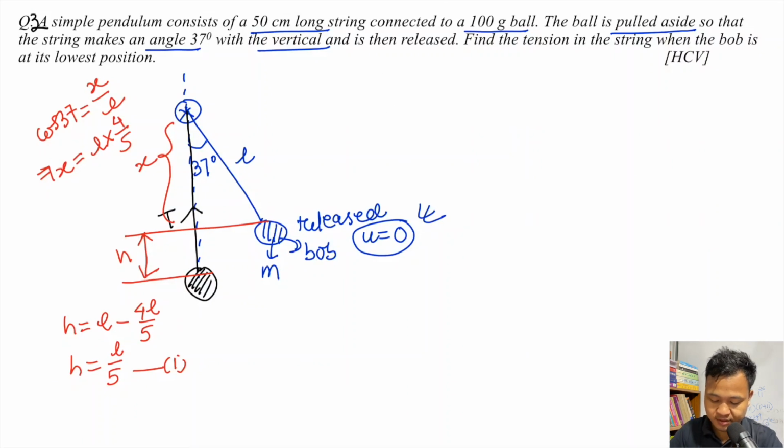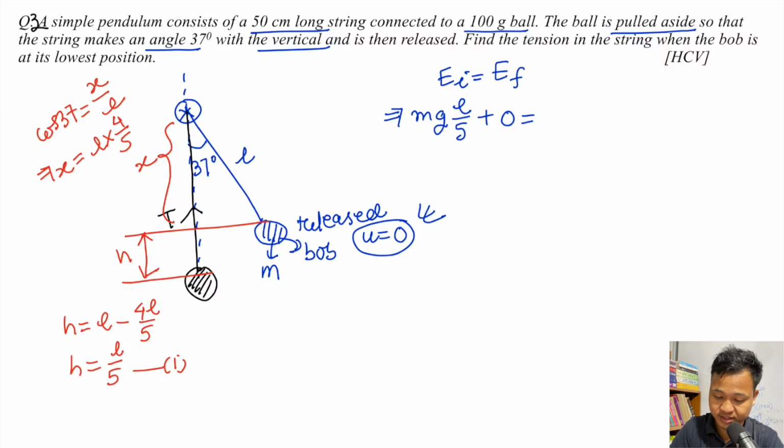Now you do energy conservation. So E initial is equal to E final. Initial potential energy is mgh, so mg into h, which is L by 5, plus initial kinetic energy, which is 0, is equal to finally, at the lowest point, let's say the speed is v. The question asks for the tension at the lowest position.